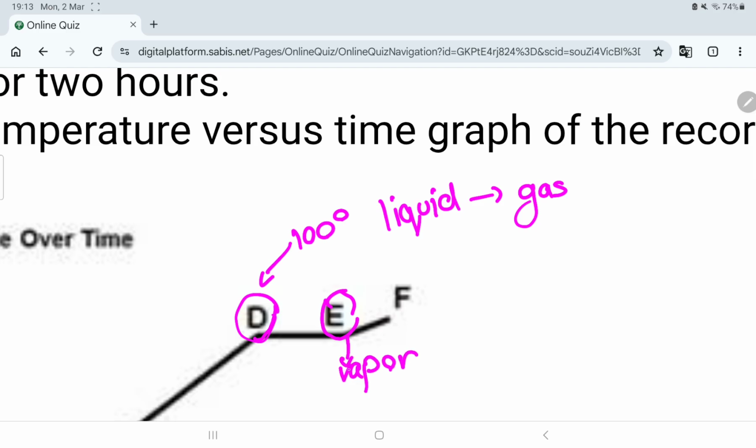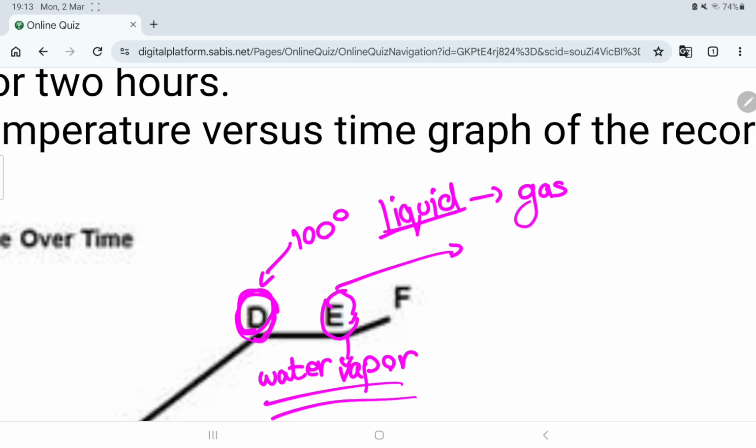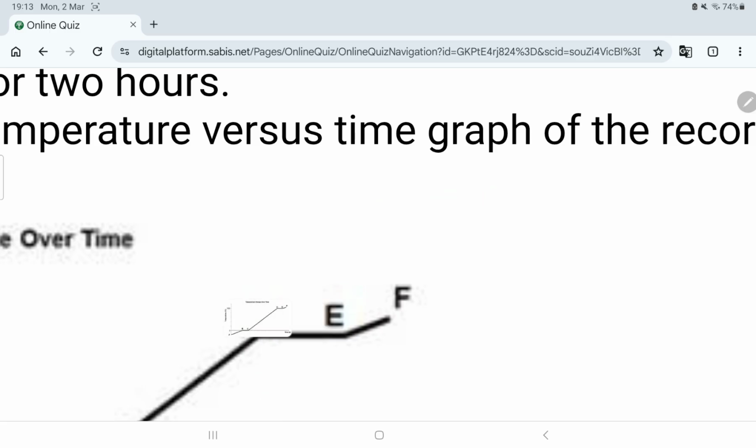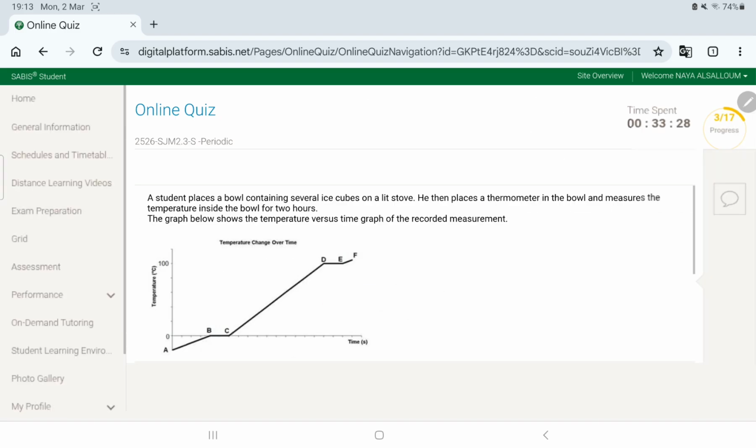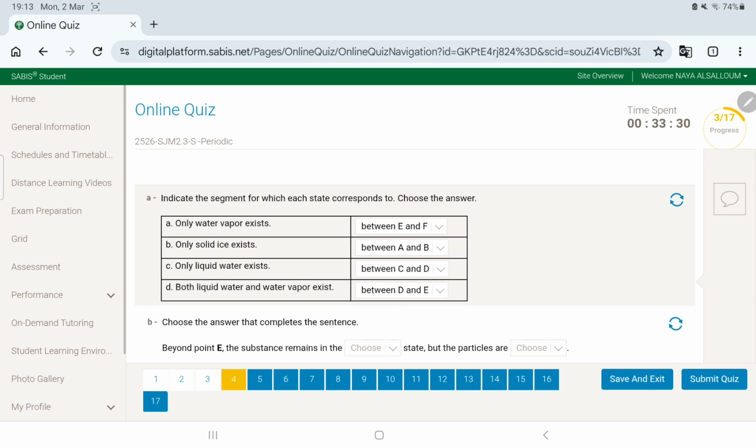I said E, and after E, it's only water vapor. But which one has both? D, because it starts as a liquid, and E because it finished boiling and it's water vapor. So why D? It started boiling as liquid water, and E because it finished boiling as water vapor.